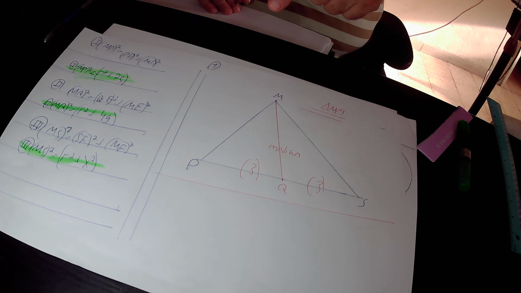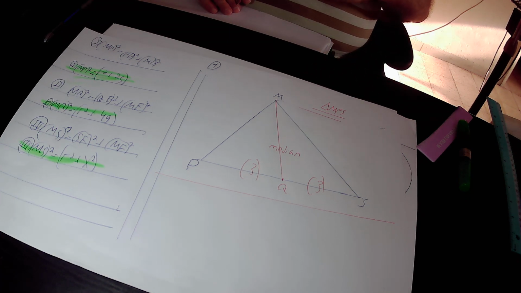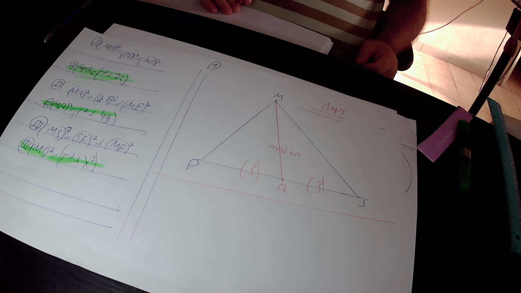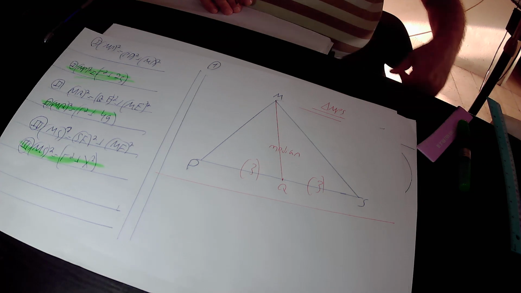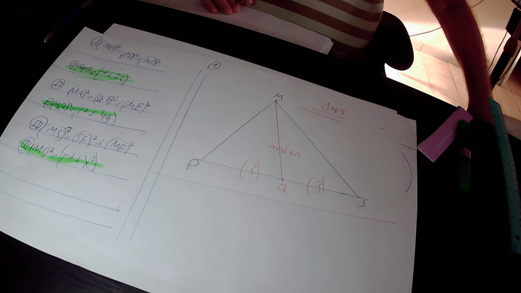That is to say, divides it into two halves. The first half is PQ and the second half is QS. But the question is, what is the length of the median MQ? Actually, we have a special formula that will help us to calculate the length of the median MQ.